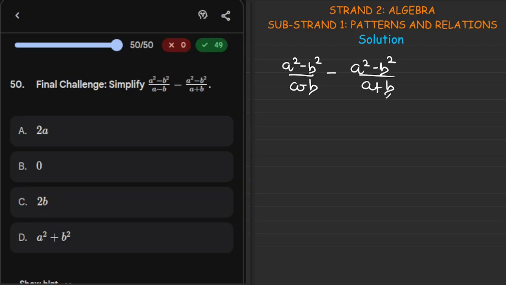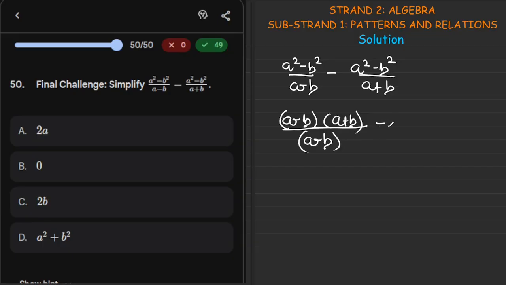Now take note that what we have in the numerator are just differences of two squares. So for this very first one, we have a minus b in one bracket, then a plus b also in another bracket, and all over a minus b.